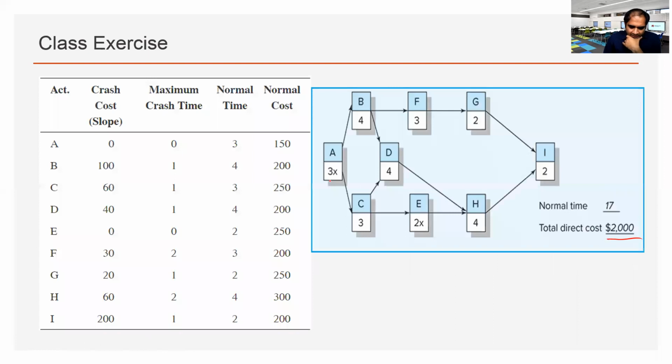A cannot be crashed, so let's check the number of days for each chain. We have 3, 4, 7, 10, 12, 14, right? How many chains are here, and what is the total duration of each chain?